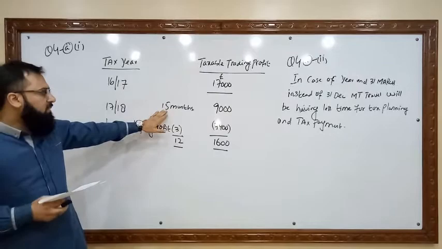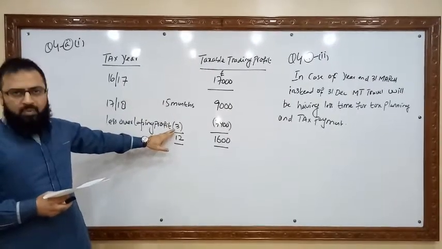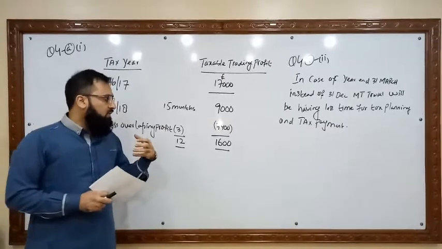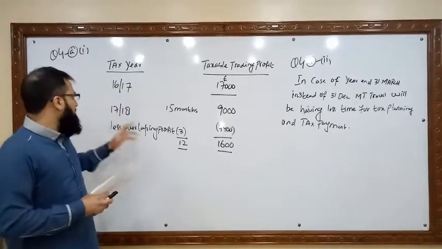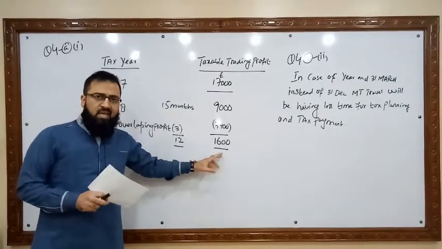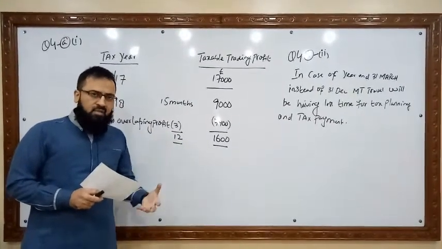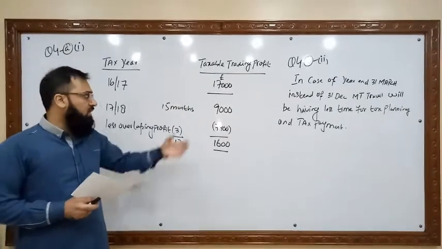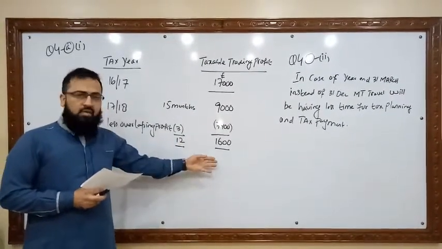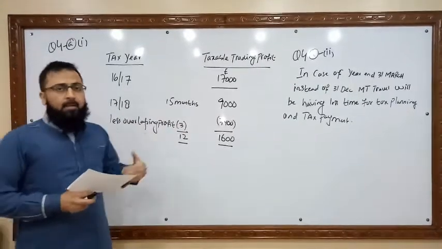So out of those 15 months, I am deducting the 3 months overlapping profit. We will have the taxable trading profit for 17/18 of 1,600. It means that Empty Travel in 17/18 is not going to pay tax on 9,000. Actually, Empty Travel is going to pay tax on 1,600 in 17/18.